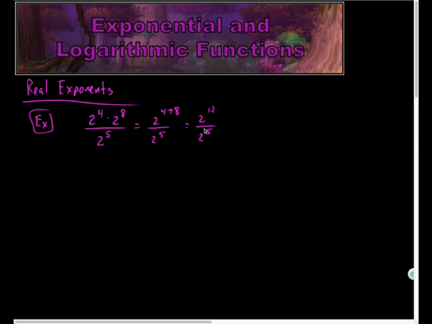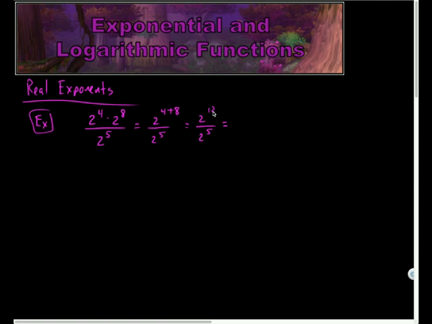Now I'm also dividing two things of the same base, and somewhat symmetrically to what we just did, I will now subtract the exponents. When I do this, I always recommend that you subtract the smaller from the larger, and then leave your answer in whichever numerator or denominator you happen to be in.